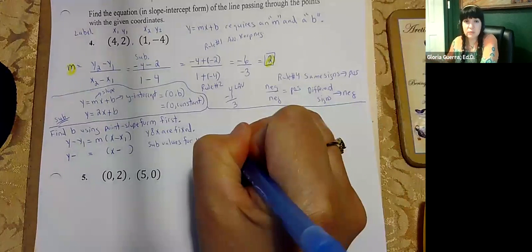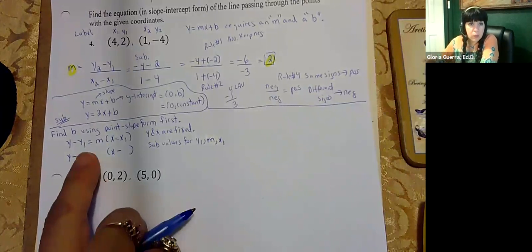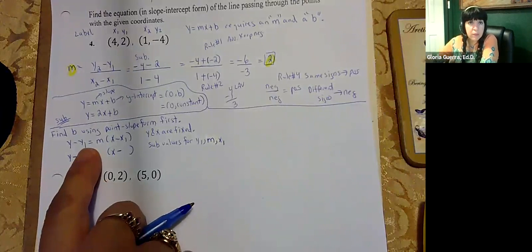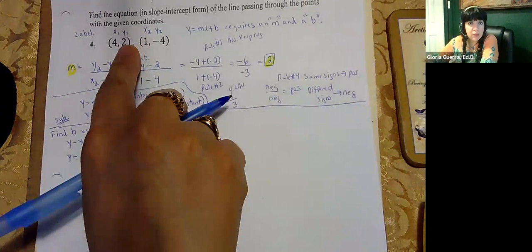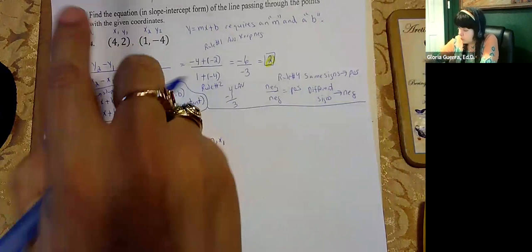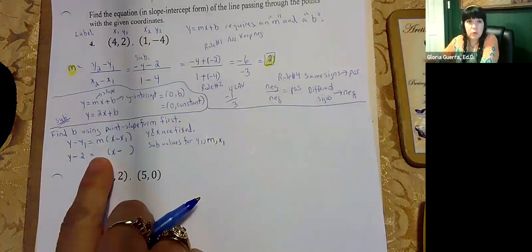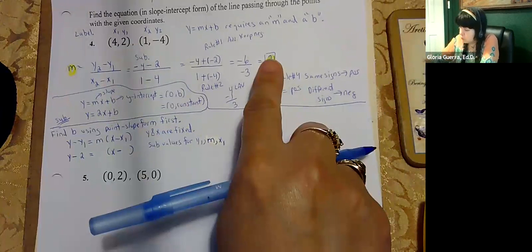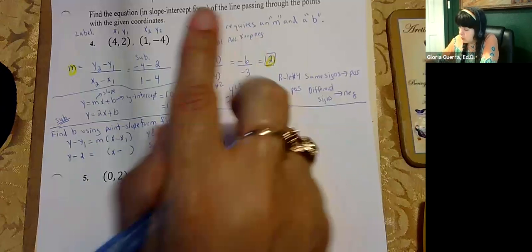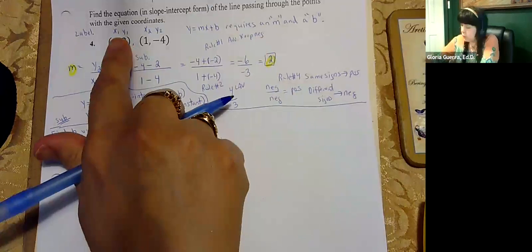I'm going to substitute values for y1, m, and x1. y1, I can grab that from over here. Let's make that 2. And m, you already know you found m to be 2. And x1, you can grab from here. It's 4.